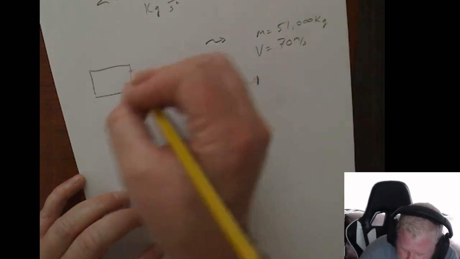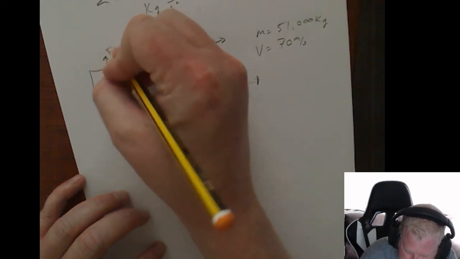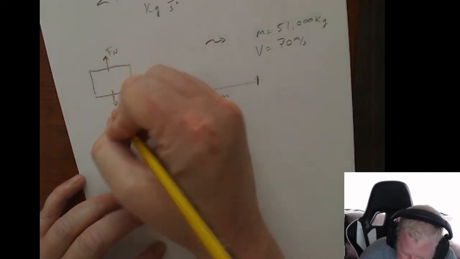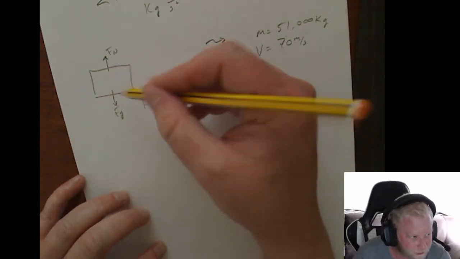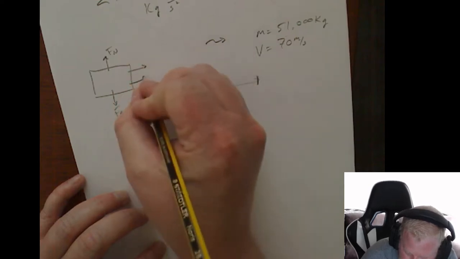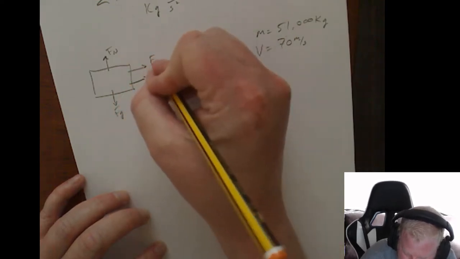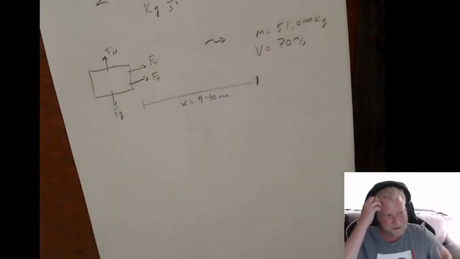In this scenario, in our free body diagram, we'd have a normal force and a gravitational force. In the vertical, these are in equilibrium. Now we also have two thrust forces. I'm going to call that Ft for thrust, Ft for thrust.